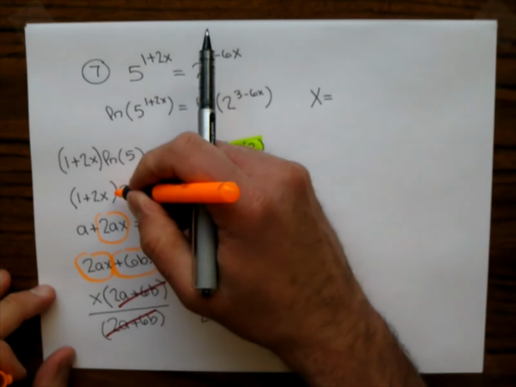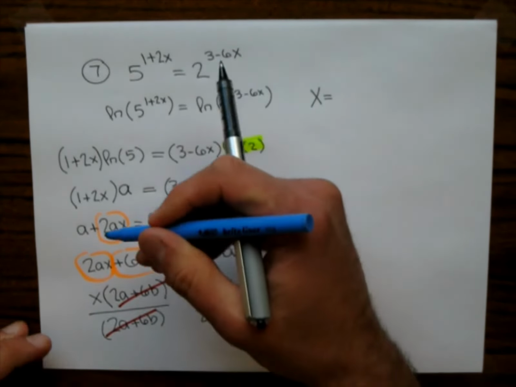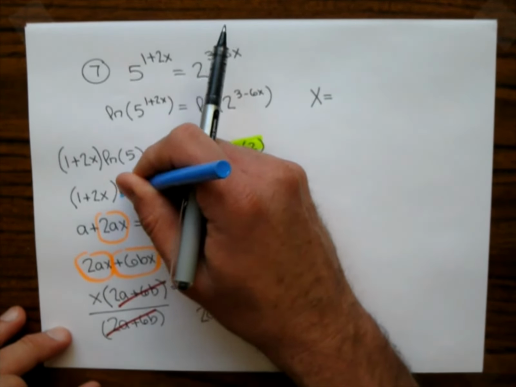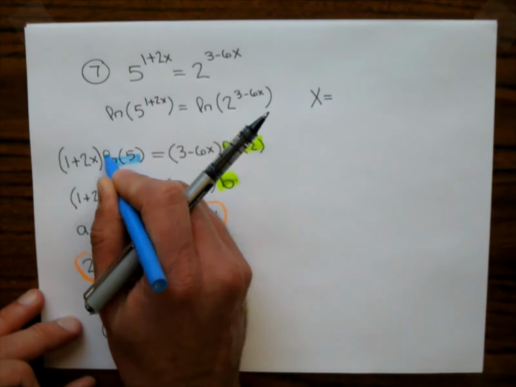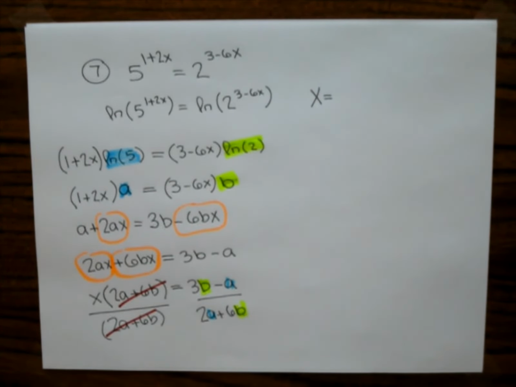And a is going to be the ln of 5. So I'm going to go ahead and replace those.